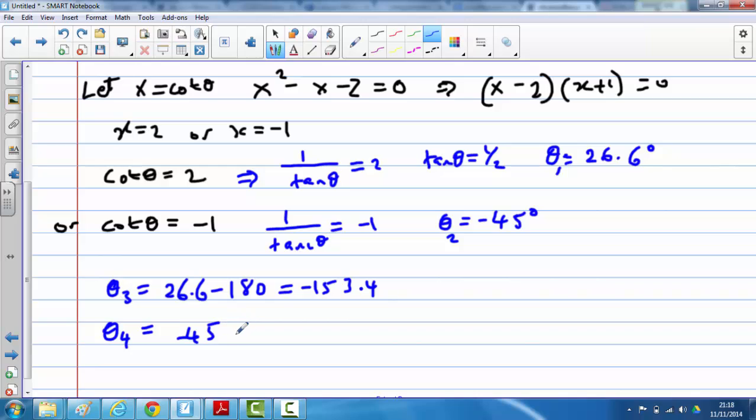If we subtract 180, obviously it goes out of range, but we can add 180, and that gives us 135 degrees. So therefore our theta values are going to be minus 153.4, minus 45, 26.6, and 135 degrees.